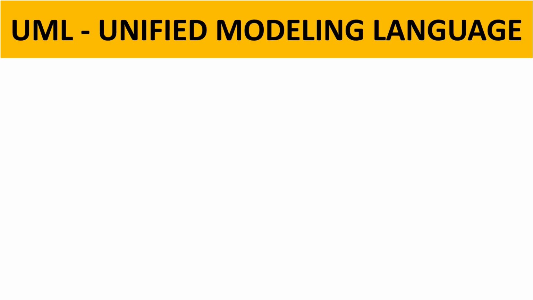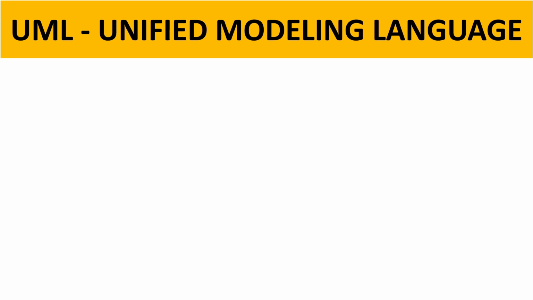Now let's see what is the purpose of UML. Whenever you want to design or analyze software system, UML will help you. So we can say UML helps in designing and analyzing software system. We can say that it is a common language whenever you want to create any document or any diagram for a developer, analyst, and stakeholders.